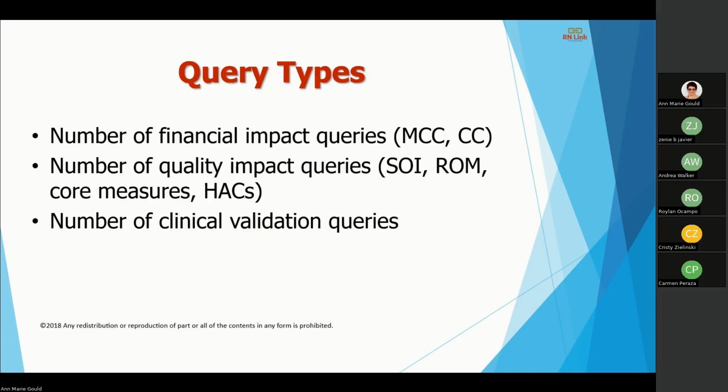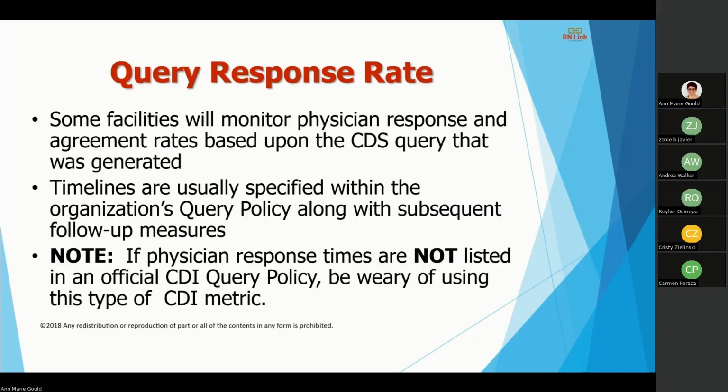So your query types, like we were saying, there are financial impact queries, that's your MCC or CC capture. And then, of course, your number of quality impact queries, your SOI, ROM data, core measures, and your HACs. And then any clinical validation queries that were sent. Now, your query response rate: some facilities will monitor the physician response and agreement rates based upon the CDS query that was generated.